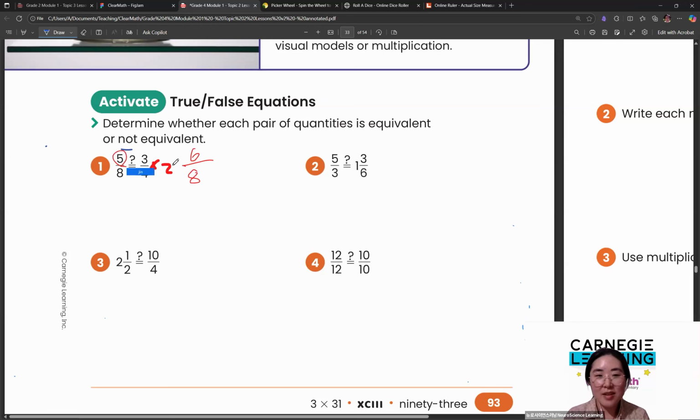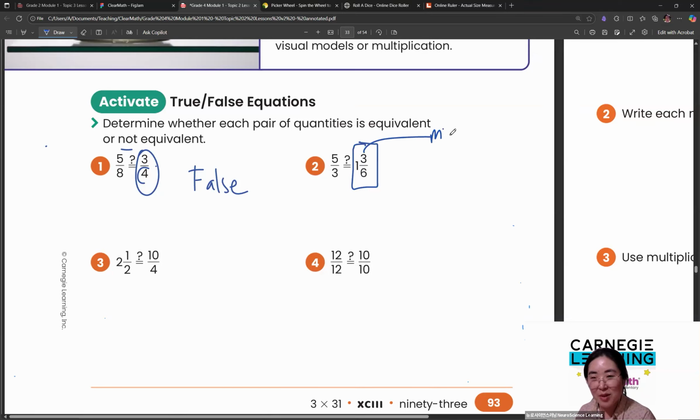This is 5 and this is 6. That's right. Nice work, Eugene. We can test this by multiplying this fraction by 2. So this is false.